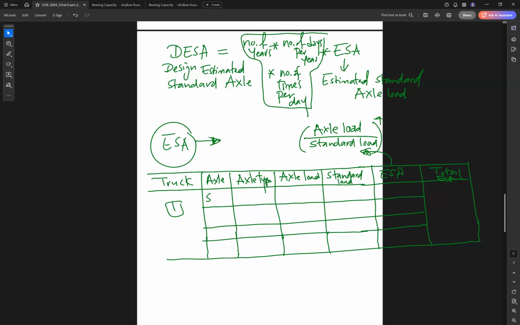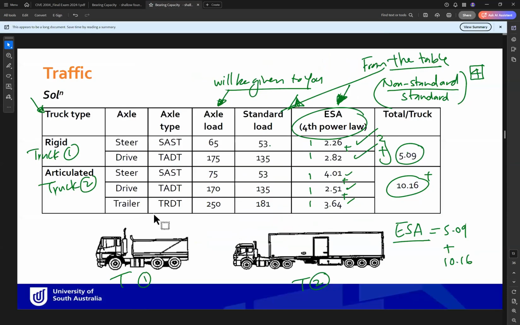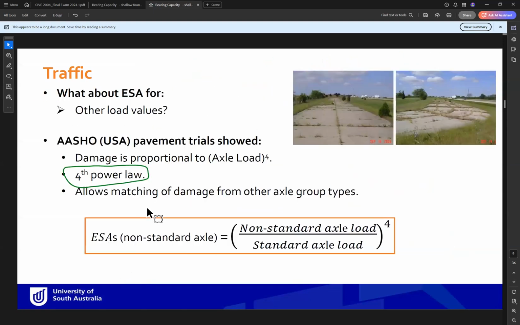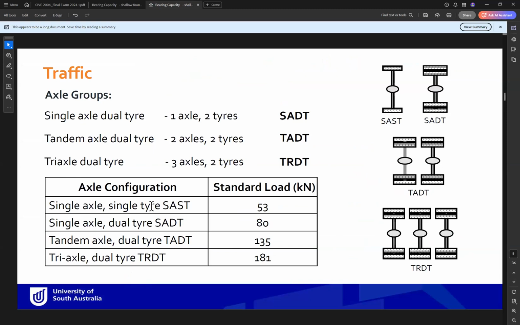We have steer axle and drive, and we have trailer 1 and trailer 2.